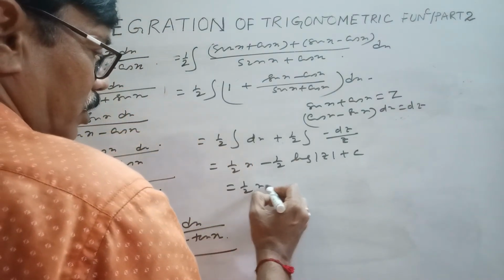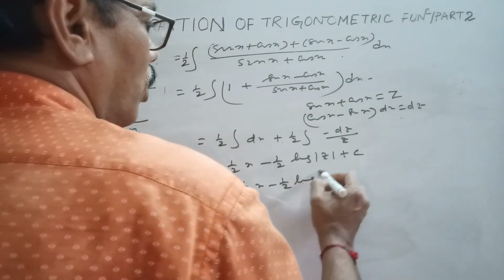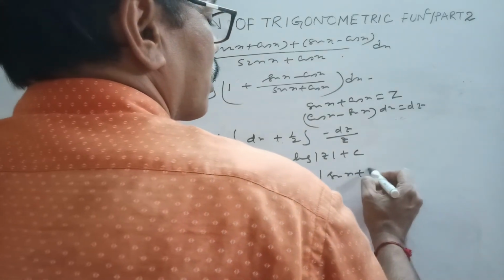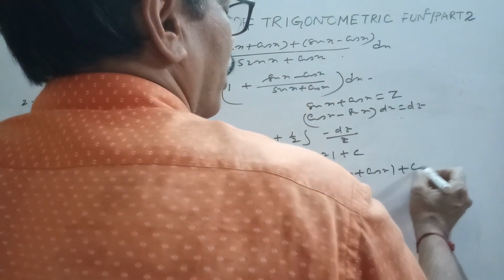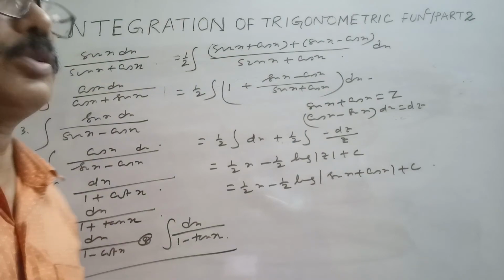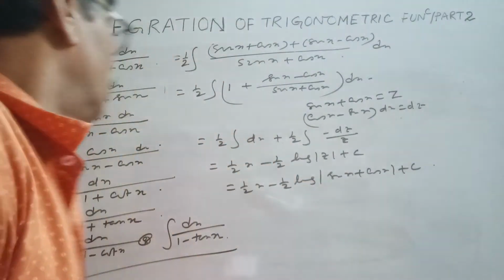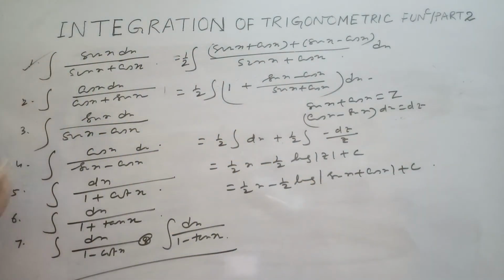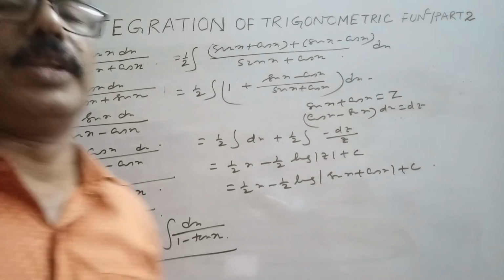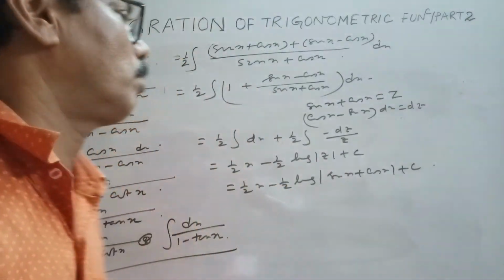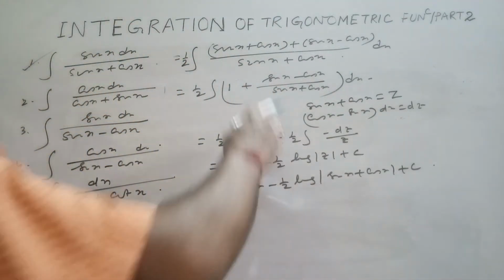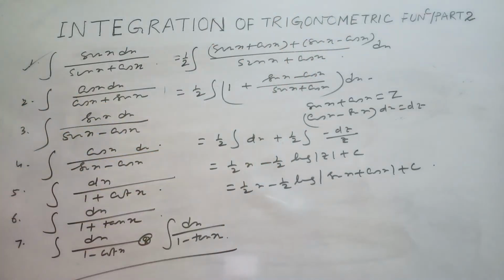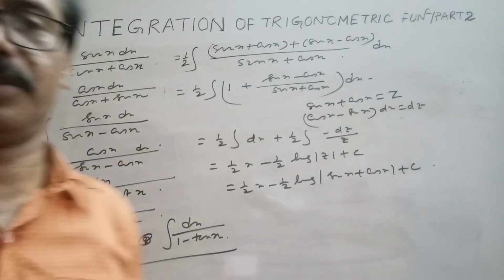So half x minus half log of sin x plus cos x, plus c. These are most important problems for the board also. You can solve these problems by finding a, b, c by the inspection method.